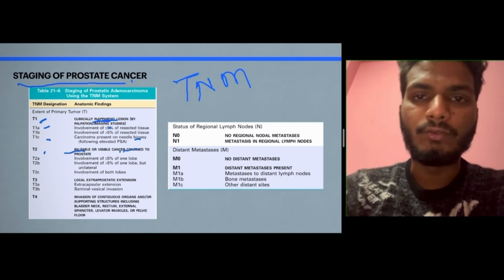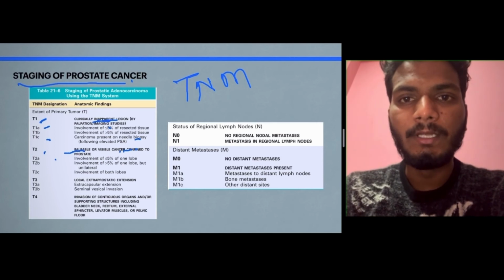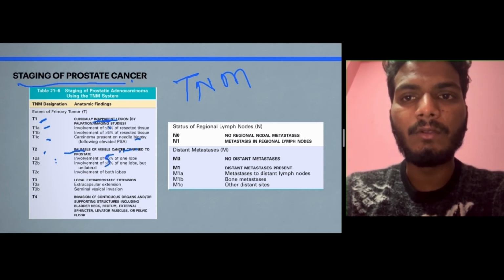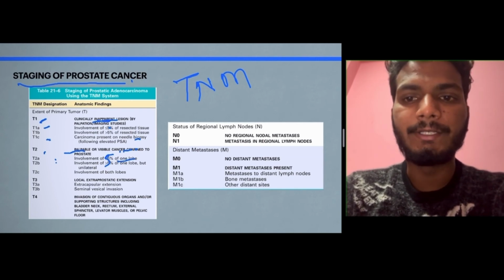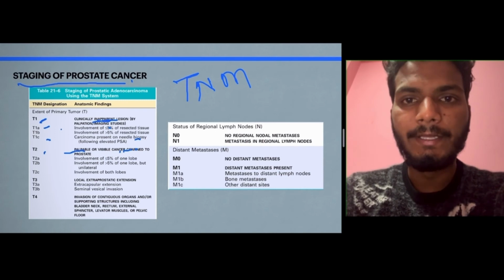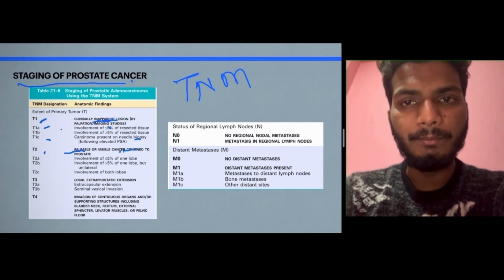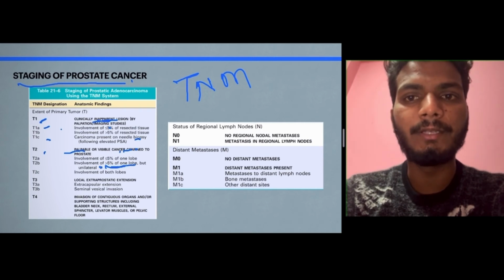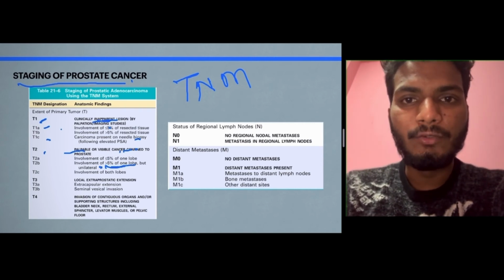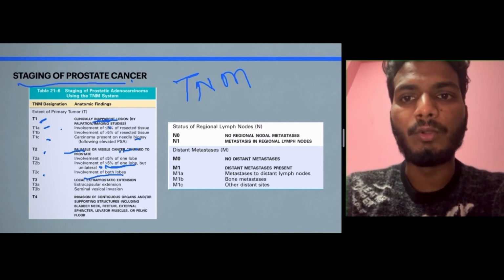So that is T2. T2A, sorry, involves 5% or less than 5% of one lobe. And T2B means more than 5% of one lobe, but unilateral, not in both lobes. T2C is that it involves both lobes.